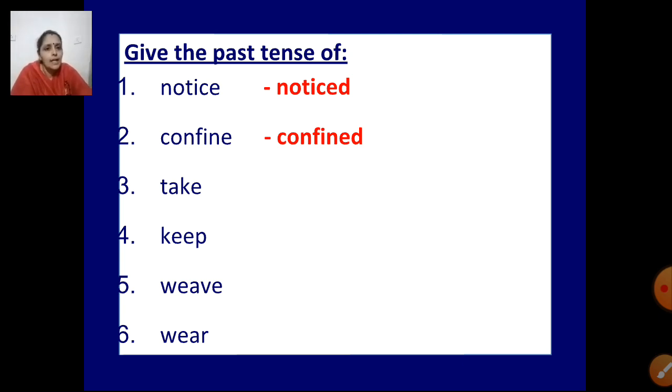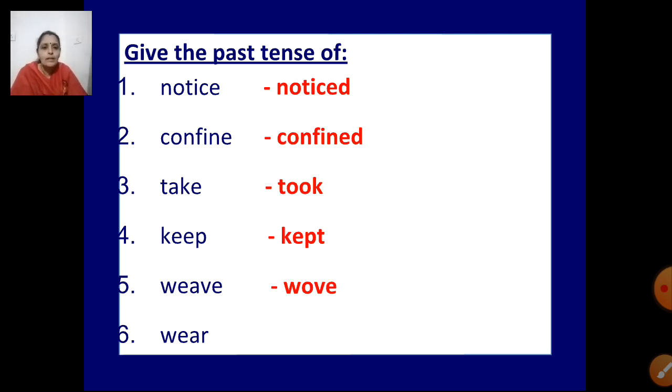Third is take. So the past tense of take is took. T-O-O-K, took. Fourth one, keep. The past tense of keep is K-E-P-T, kept. Fifth one, weave. Past tense is wove. W-O-V-E, wove.